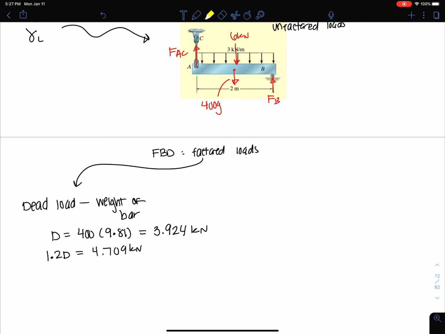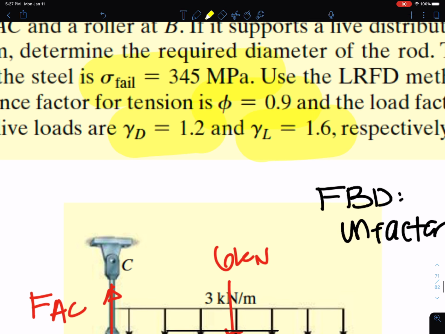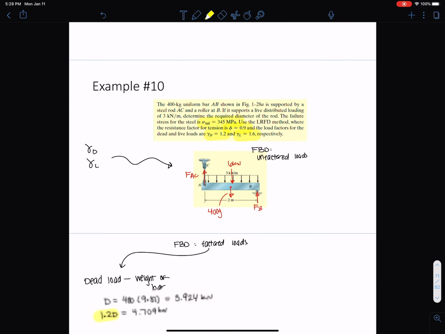Why am I multiplying by the 1.2? Because it's telling me in the problem that gamma D is 1.2, so I need to multiply that by the dead load. I want to increase it from what it actually is.